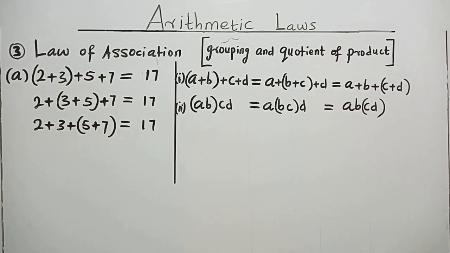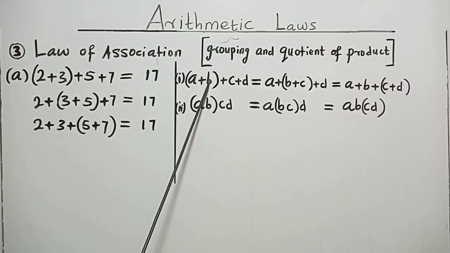And here comes the summary. The summary is in symbols. Let 2, 3, 5, 7 be A, B, C, and D. Of course, we can have less or more than these four numbers.